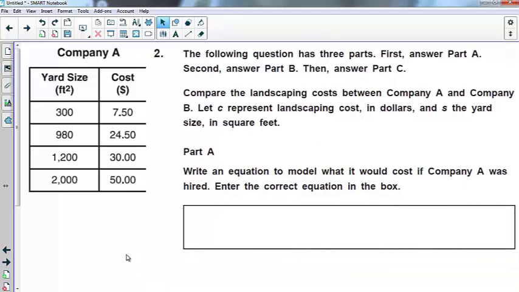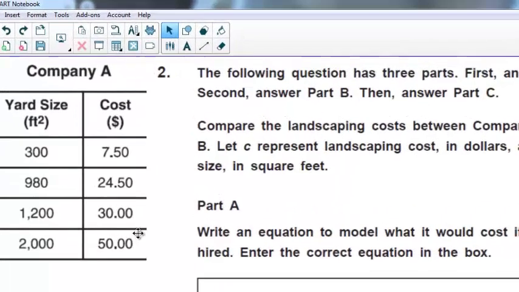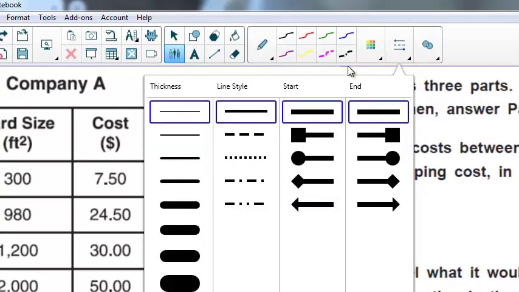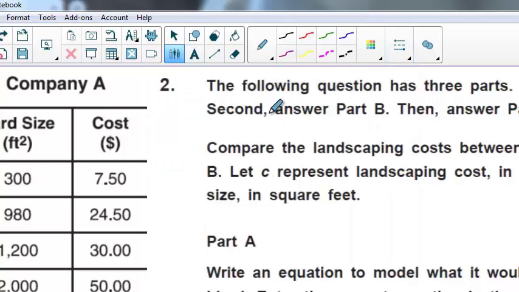Okay, so for company A, we know that for 300 square feet they charge $7.50. For 980 square feet they charge $24.50. Blah blah blah all the way through, right? From this information, I would like to determine how much they charge for every single square foot. That way I can just figure out how much it's going to be for this 2,500 square foot lawn.